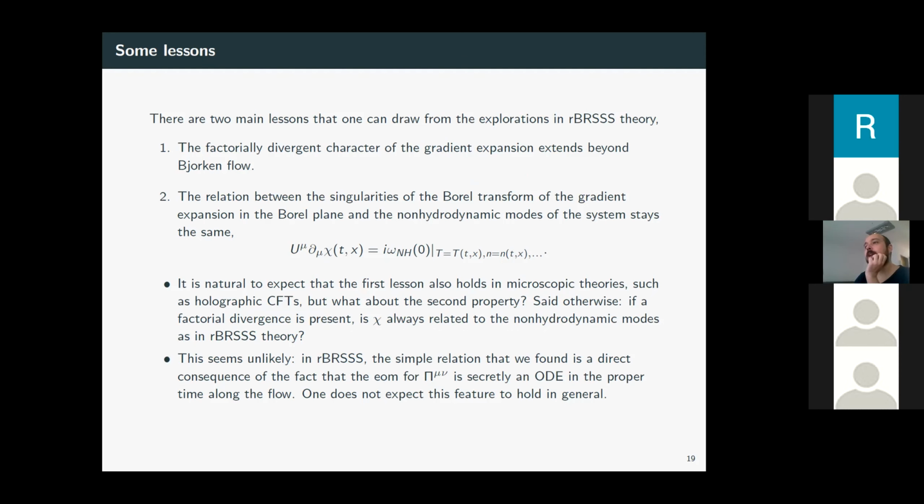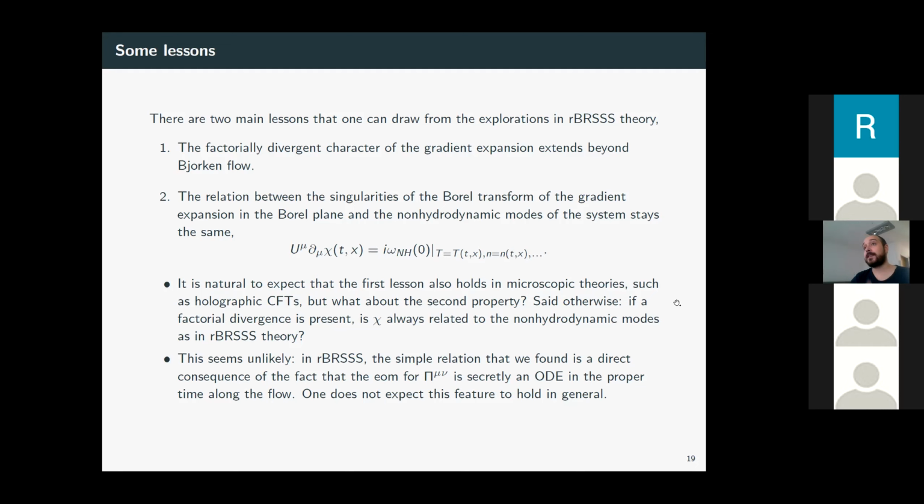The second one is that the relation between the singularities of the Borel transform of the gradient expansion in the Borel plane and the non-hydrodynamic modes of the system would stay the same as in Bjorken flow. In particular, the singularities in the Borel plane would obey this relationship here. The comoving derivative of the singularity location would be controlled by the non-hydrodynamic quasi-normal modes evaluated at zero momentum at the local fluid variables like local temperature, local particle density, and so on.